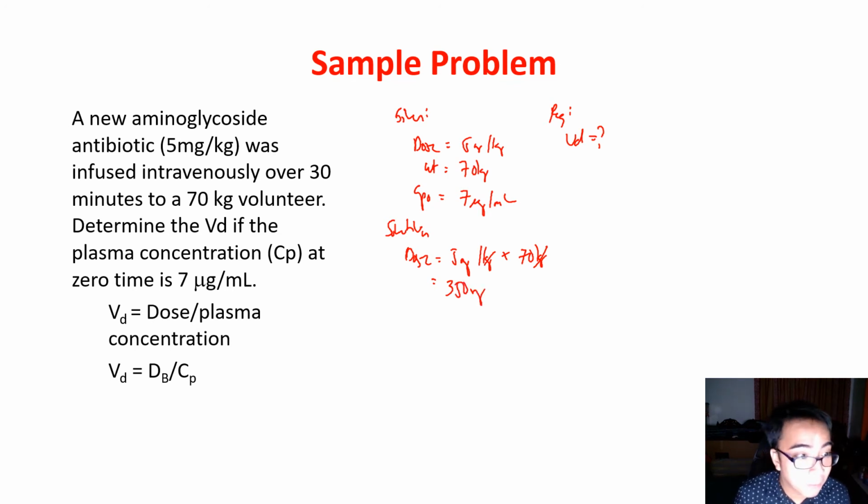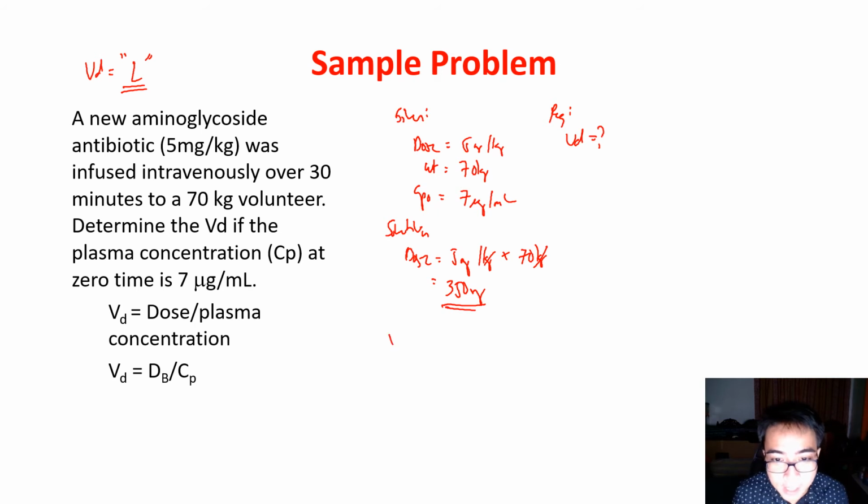Now, before I forget, class, VD is only expressed using 1 unit. And what's that? It's only expressed in liters. VD is only expressed in liters. Am I clear? We don't usually express it in ml, or in any other unit. It's only expressed as liters. That's the volume of distribution. So anyway, 350 milligrams is our dose.